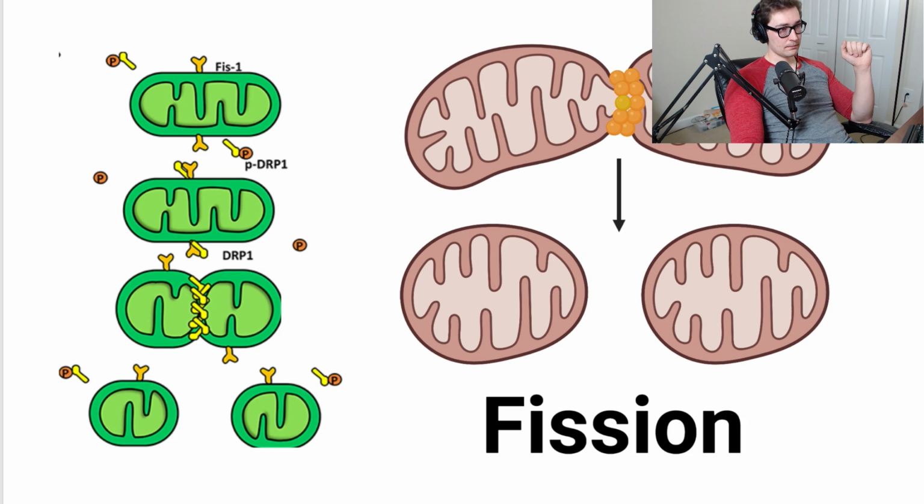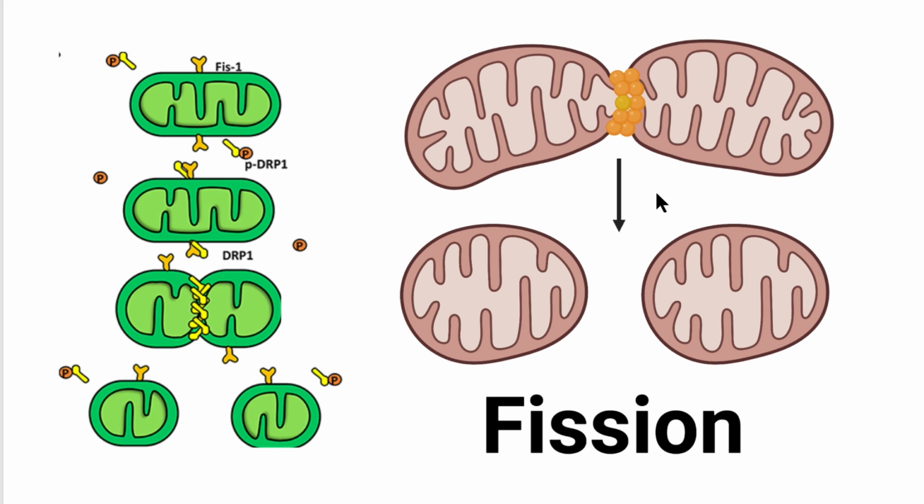All right, so shifting our focus now to fission. We talked about fusion, which was the combination of two mitochondria into one lengthier, larger mitochondrion. And now we're talking about fission, which is the taking of one mitochondrion and turning that into two smaller mitochondria.